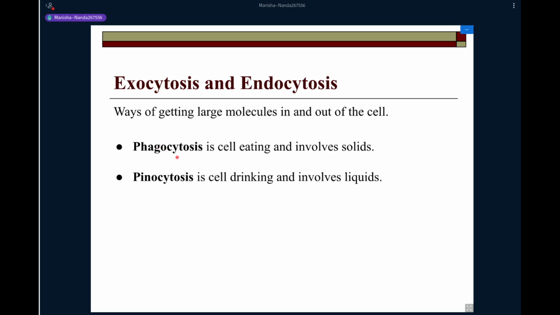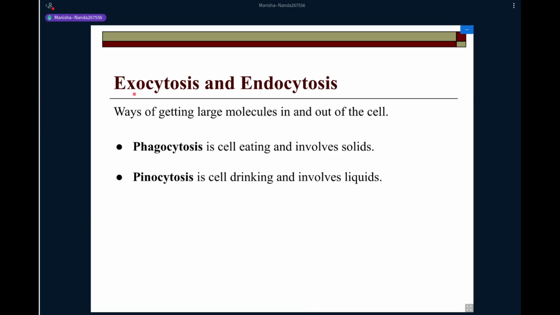And we always talk of two terms, that is phagocytosis, which is also known as cell eating and involves solids, whereas pinocytosis is cell drinking and involves liquids. So these are again two important processes that allow some larger molecules to move from outside to inside or inside to outside.